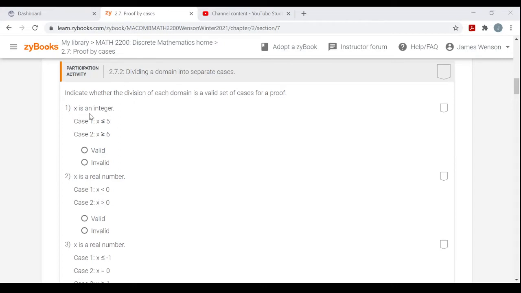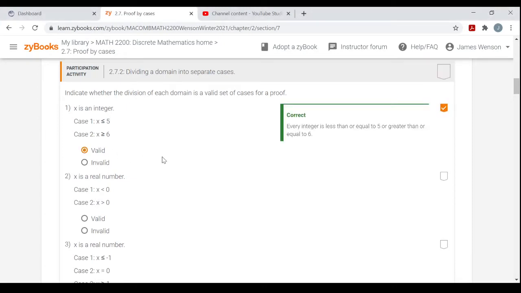If the domain is the integers, case 1 is x less than or equal to 5, which takes care of 5, 4, 3, 2, 1, 0, -1, and so on. Case 2 is x greater than or equal to 6, which takes care of 6, 7, 8, 9, 10, and so on. Both cases put together make up all the integers, so this would be a valid set of cases.